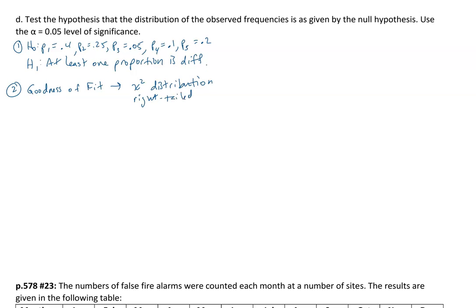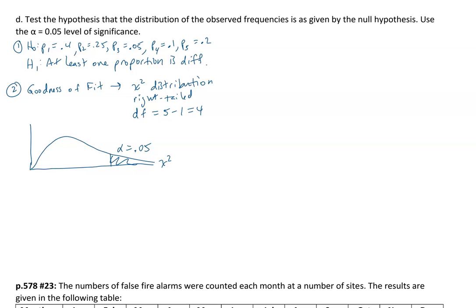And with 5 categories, the degrees of freedom, 5 take away 1, will be 4. So we could set up a critical value now using the chi-square table. Our alpha was 0.05 with degrees of freedom 4.